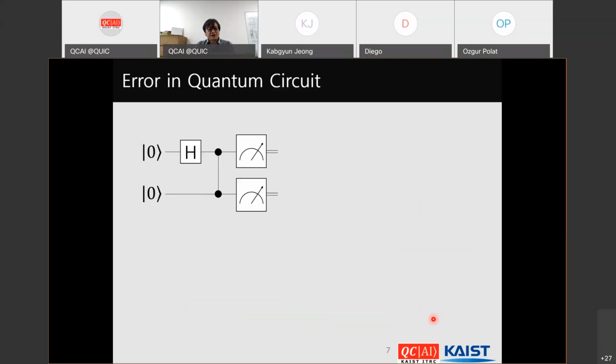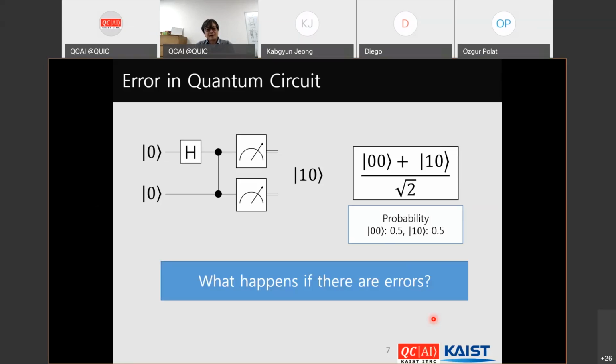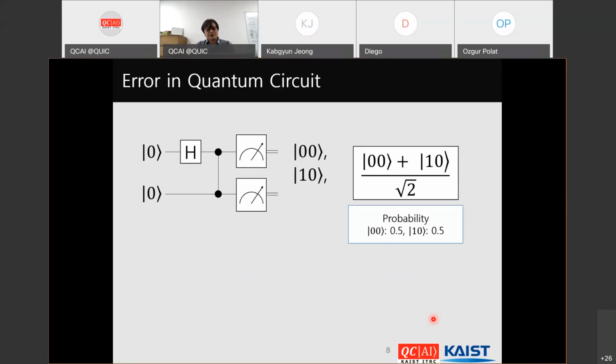When you have an error in a circuit, for example, this one produces a very simple state like 1 0, and at the end, this state should be a 0 0 plus 1 0 state. However, if there is an error in this circuit, there can be other states that are not supposed to show up, which are error states, right?